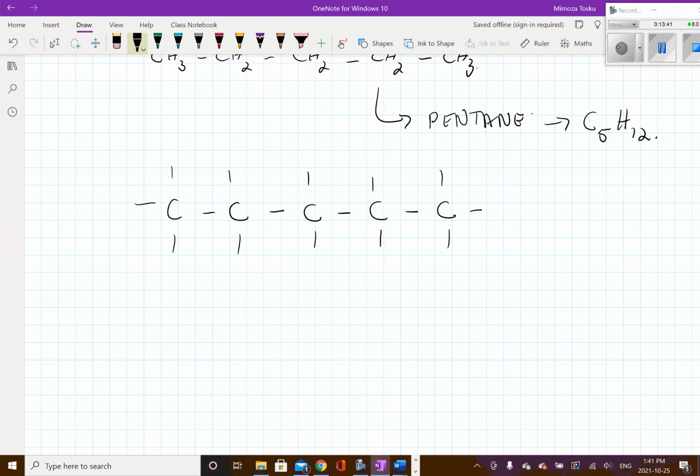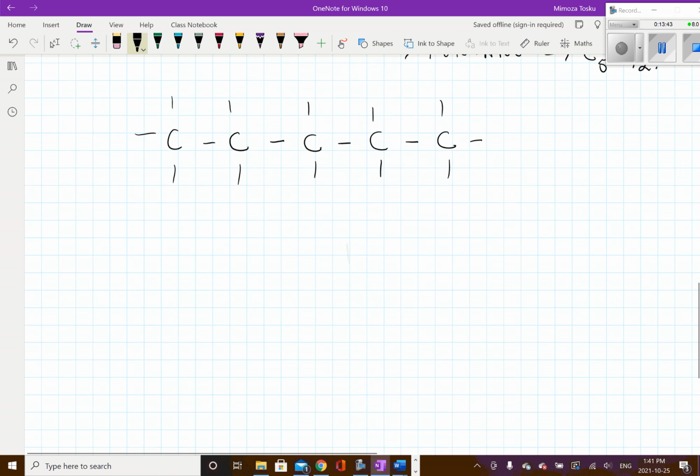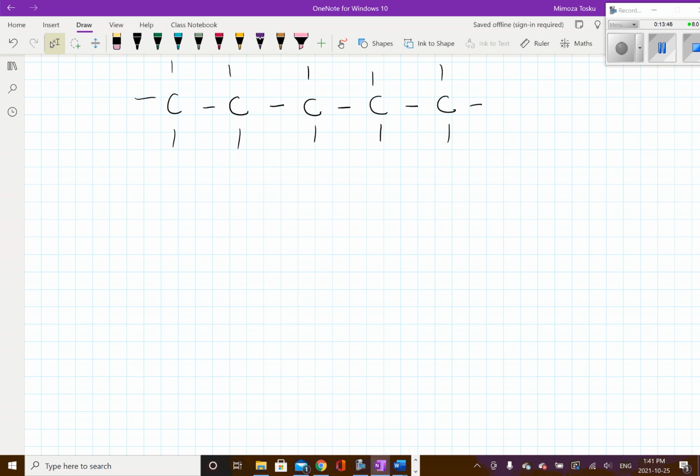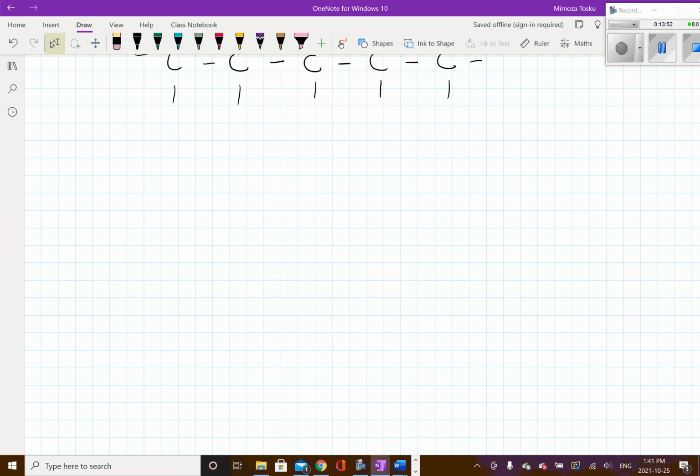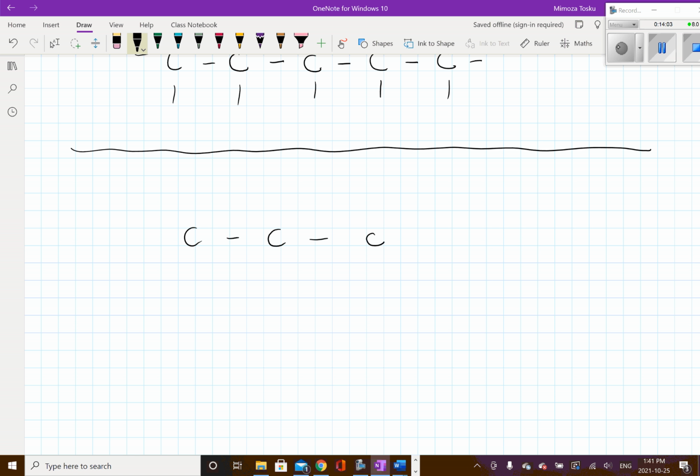However, let's see now what will happen when we have a branched one. Let's suppose that we have again 5 carbons, but carbon, carbon, carbon, and here we have a carbon, CH3.